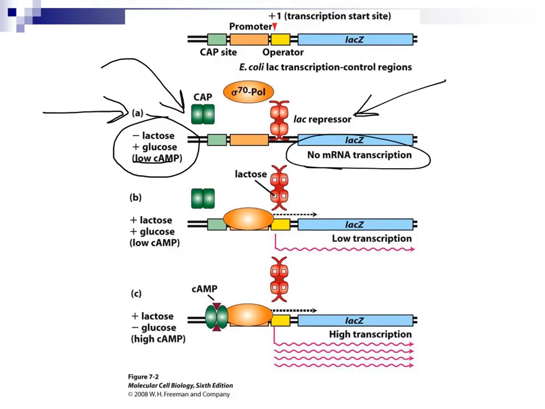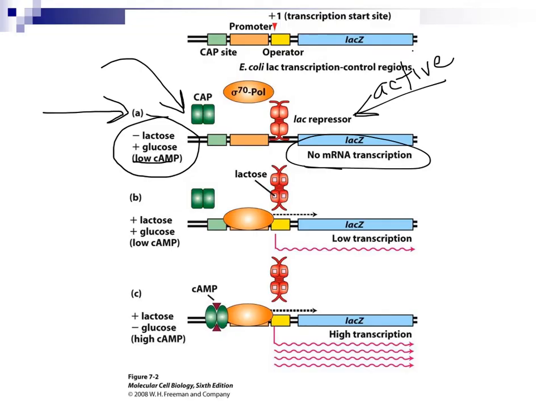And if I asked you why, you would say you need lactose present to inactivate the repressor. Here we have an active repressor, and with an active repressor, no messenger RNA is going to be formed. So no lactose, no messenger RNA transcription. In addition, glucose is around, so it's going to want to use glucose even if lactose was around anyway.